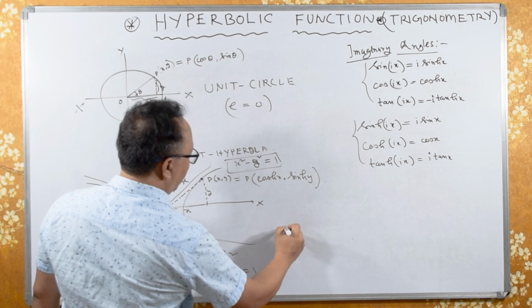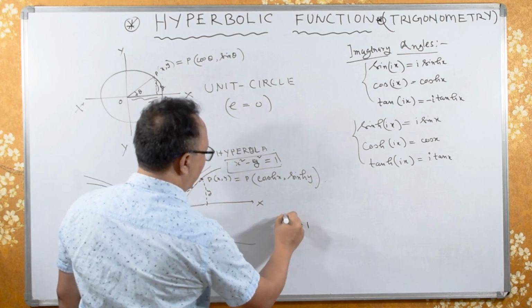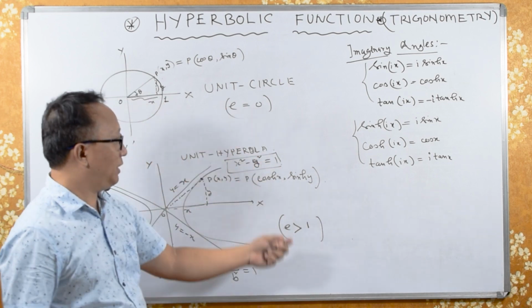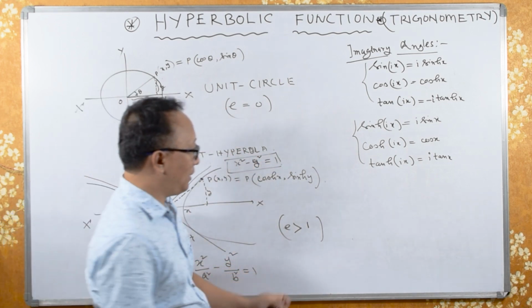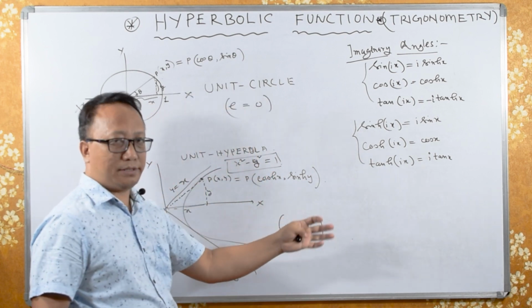Its eccentricity is greater than 1 for a hyperbola. For the circle, eccentricity is 0. If it is a parabola, e equals 1, so it has different concepts.